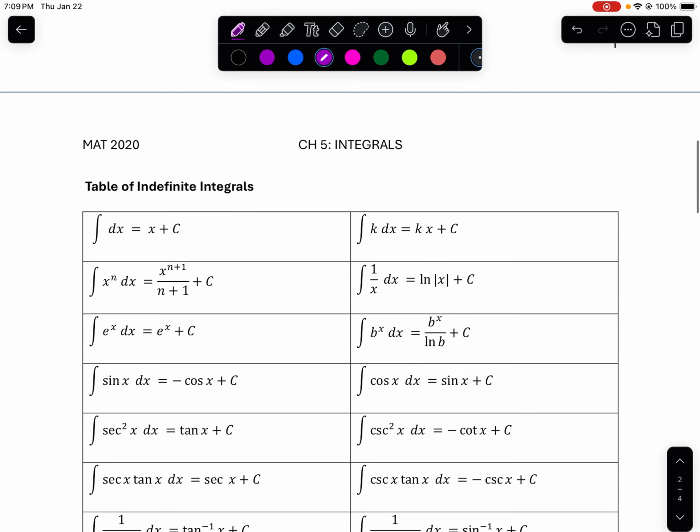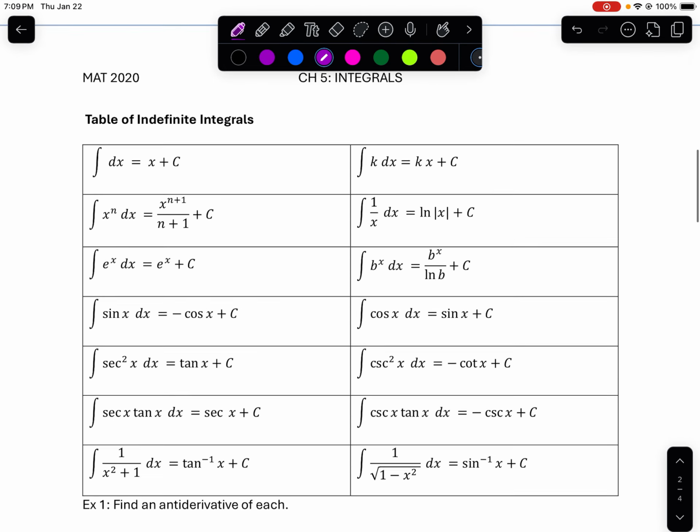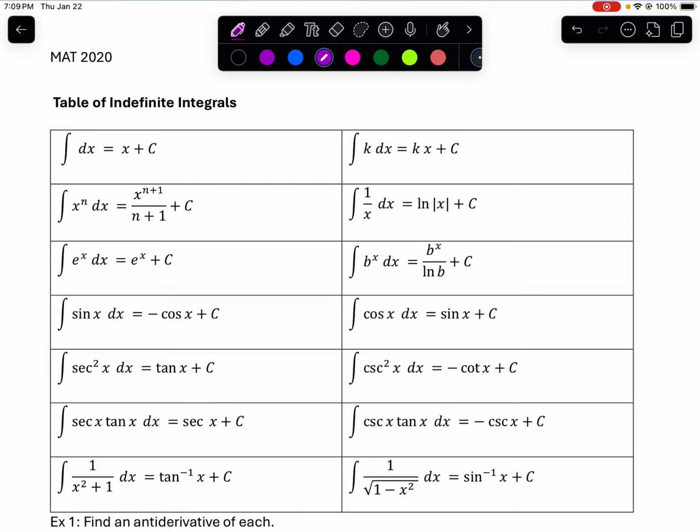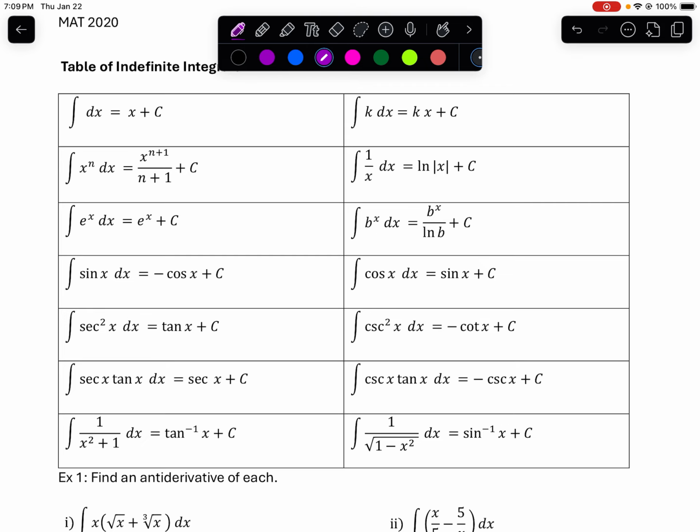Okay, so here is the integration table, I would say, the table of indefinite integrals. So these are 1, 2, 3, 4, 5, 6, 7, 14 of them. You have to kind of memorize this. Basically, if you know your derivatives, then this is easy to figure out if you forgot anything.